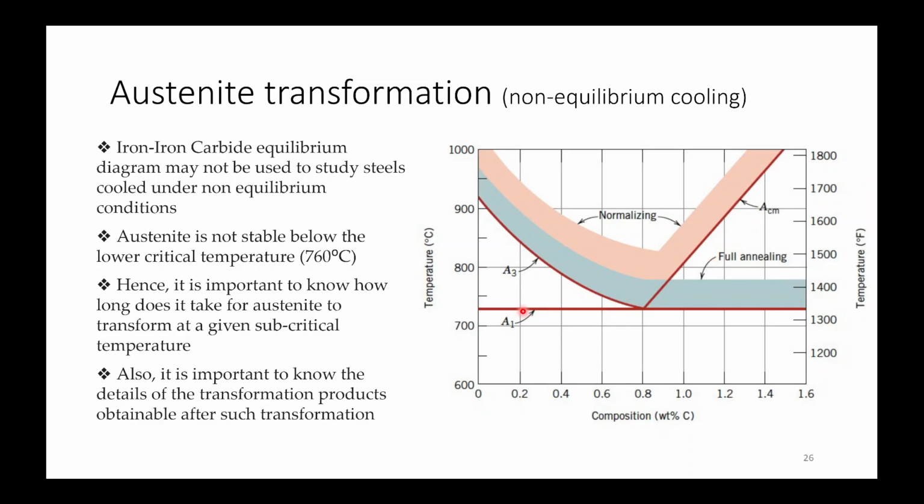Even at the peritectic reaction you have three phases at that point: liquid, then delta and austenite.